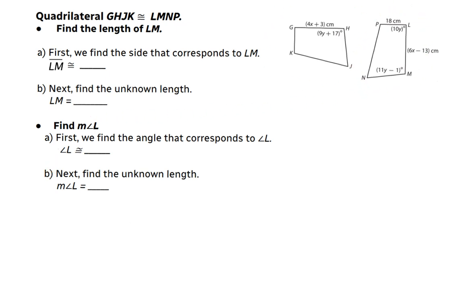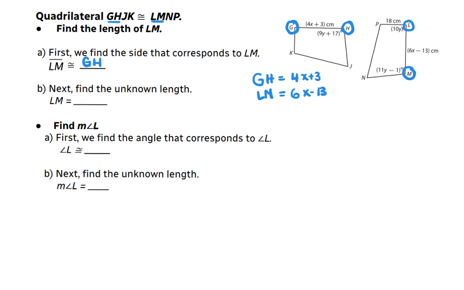So let's get started on solving this problem. We know that LM is congruent to GH because we can see it from how this is set up. GH is equal to 4x plus 3, and LM is equal to 6x minus 13.